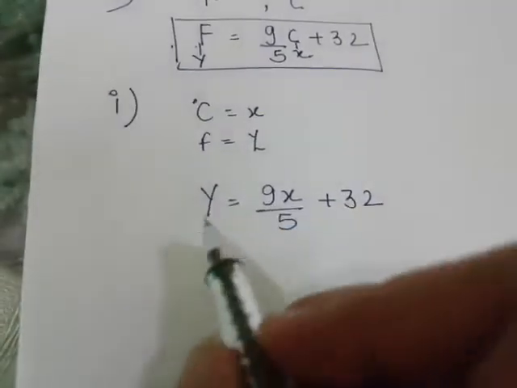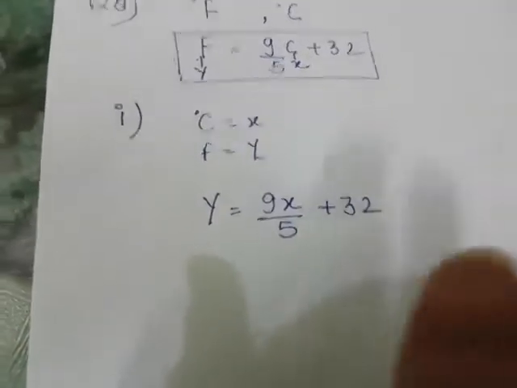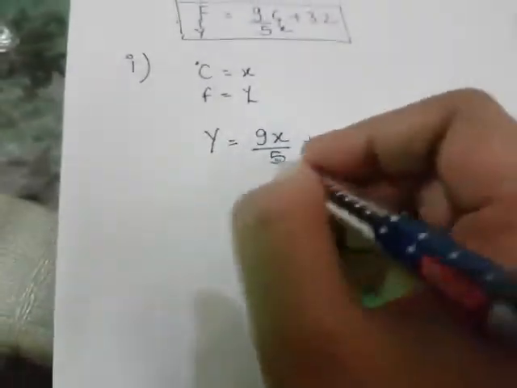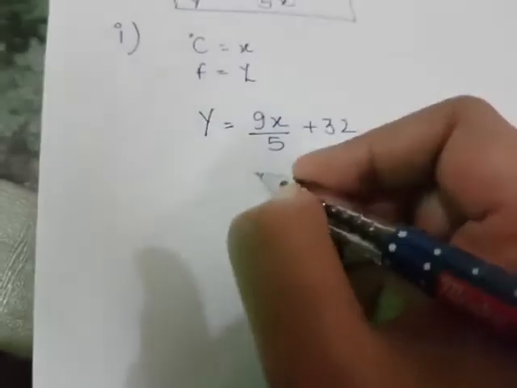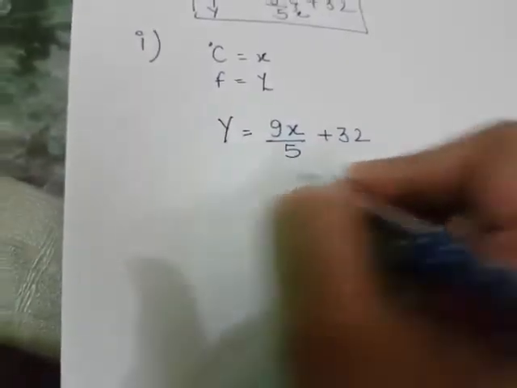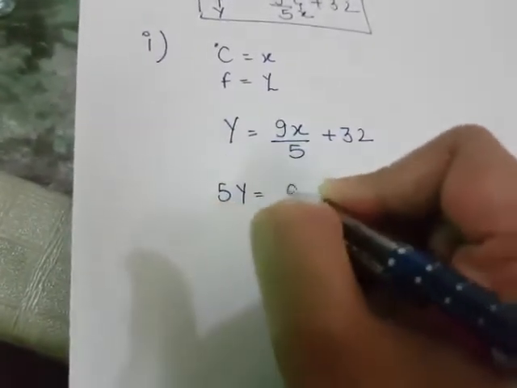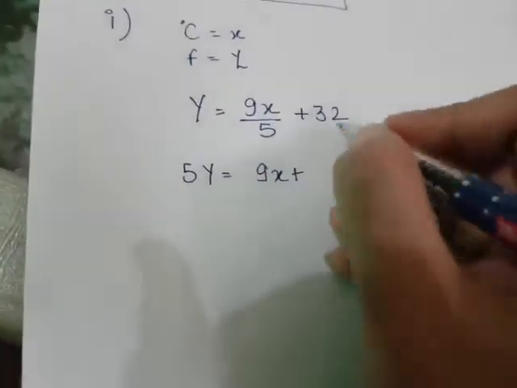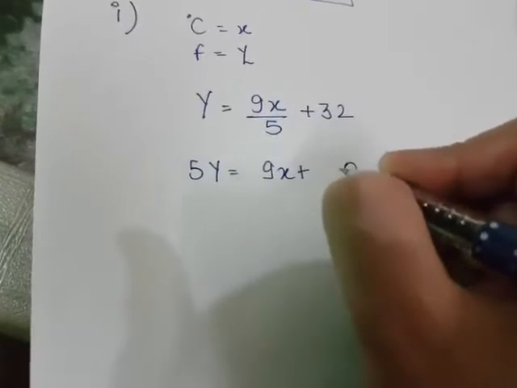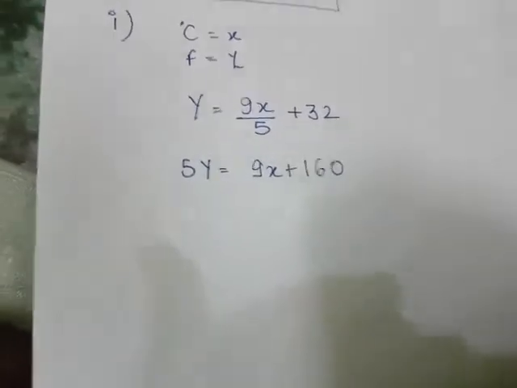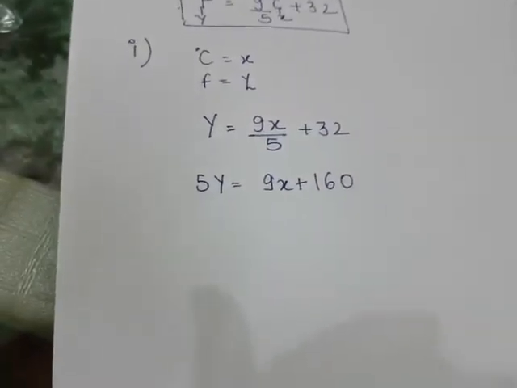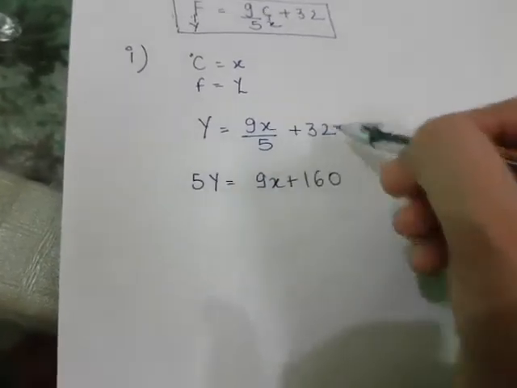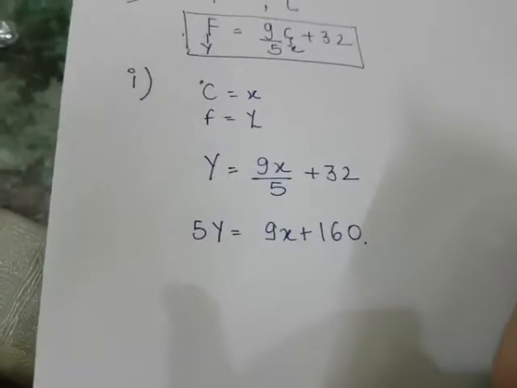If you want, you can do the further calculation with this equation, or you can convert it into a simple form by taking LCM. If you take 5 as LCM, it will be 5y equals 9x plus, because we have taken 5 as LCM, we need to multiply 5 here, so this will be 160. So you can use either one for the further calculation.